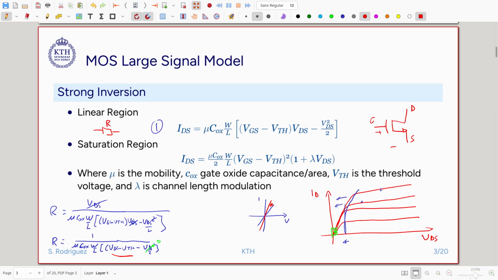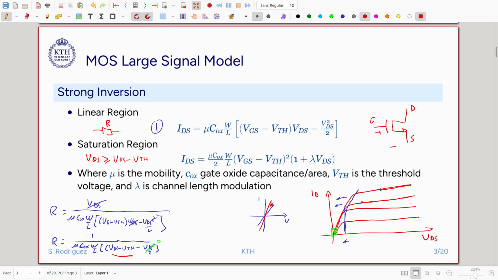Above a particular voltage, and in this particular case it is when VDS is larger than or equal to VGS minus VTH, then we have that the current flattens out. Okay, the current becomes saturated, and then it is pretty much constant.